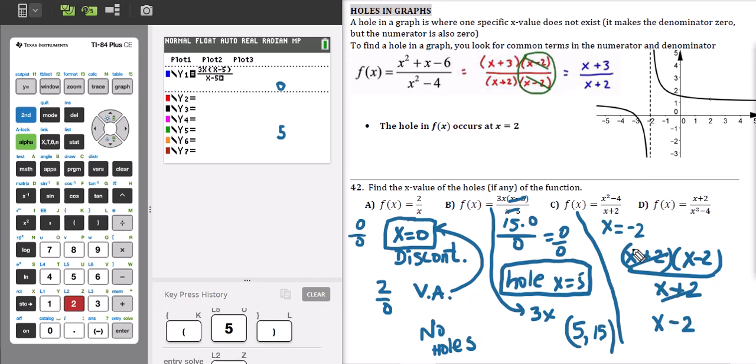So if we make this a negative 2 right here, you can see that this function will go 0 over 0 when x is a negative 2. So this is a hole and not a vertical asymptote.